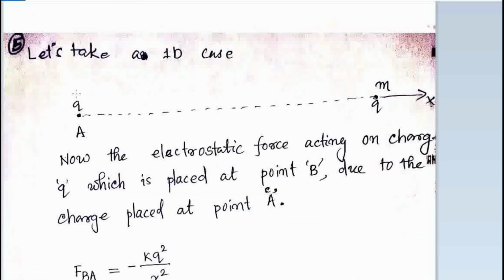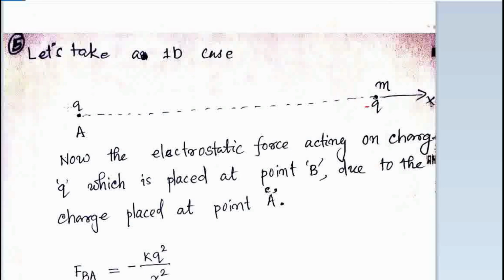This is the situation. We don't know whether this q is positive or negative. For the sake of simplicity, let's suppose this is a heavy particle on which q charge is present, and this is a light particle on which, let's suppose, there is a negative charge. This light particle is being attracted by this large mass particle whose charge is q.